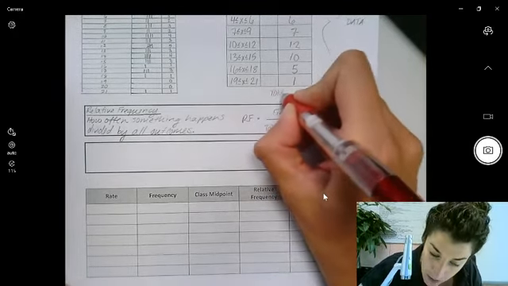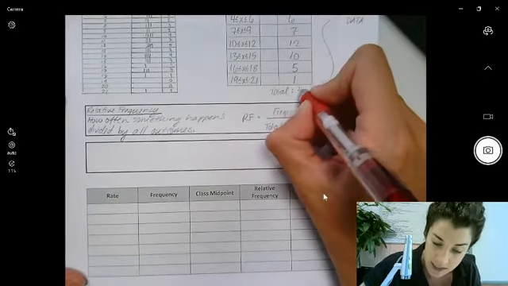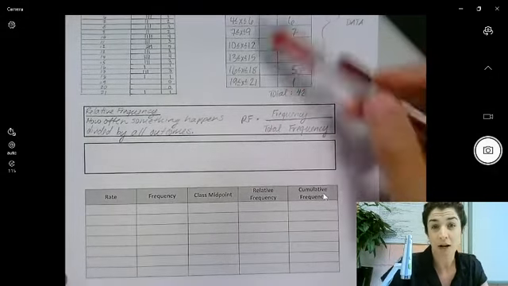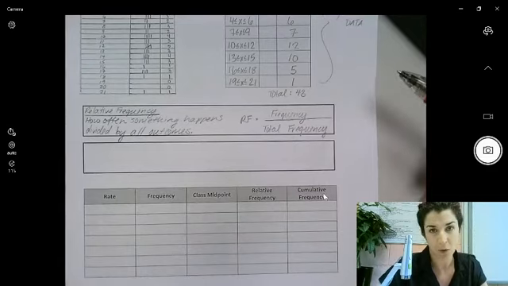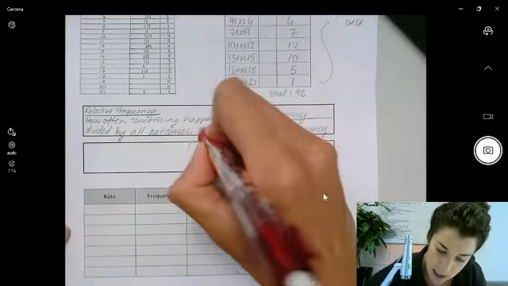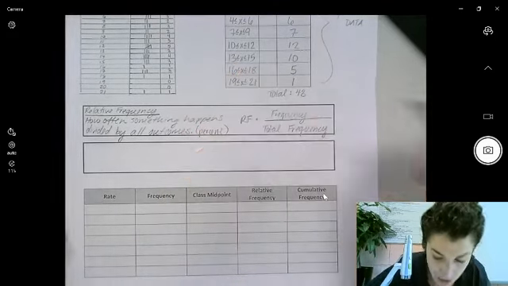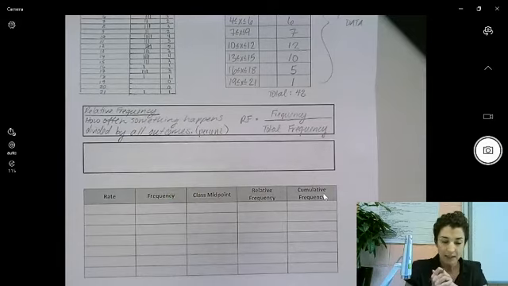To find out our total frequency, you add up all of your frequencies. If I were to add all of these up, I would get 43. So for this table here, if I wanted to find a relative frequency, all I would have to do is take each of these frequencies and divide them by 43. It gives us a percent that it shows up. So you can think of it as a percent, although sometimes it's represented as a decimal and not as a percent, but that's the idea.